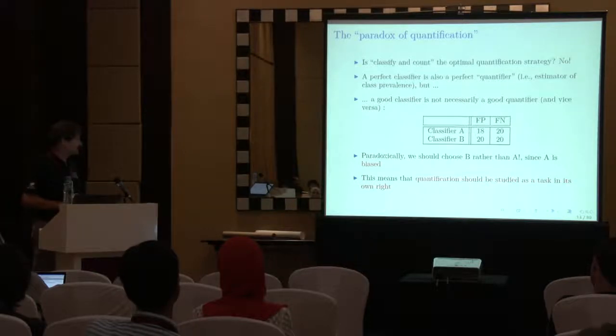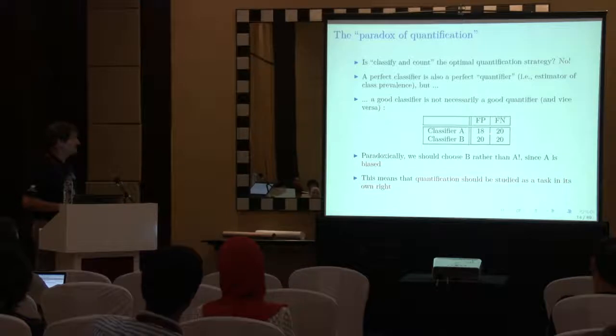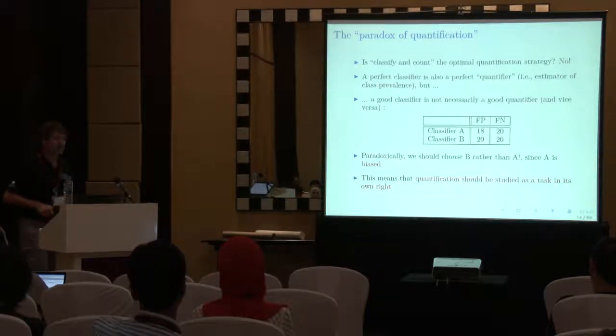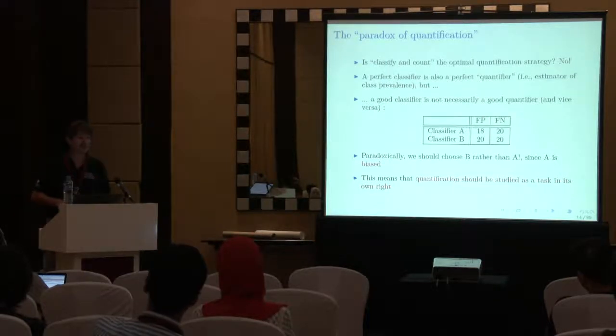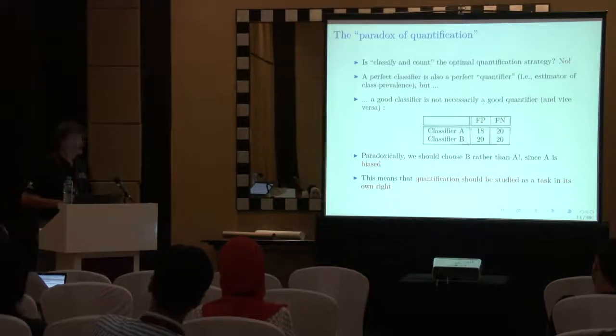This is an example. Take classifier A. Classifier A applied to a given test set returns 18 false positives and 20 false negatives, while classifier B returns 20 false positives and 20 false negatives. Which classifier is better? Well, A is certainly better because it returns a smaller number of errors. But in terms of quantification accuracy, we should actually prefer classifier B, because by making an equal number of false positives and false negatives, it is a perfect quantifier.